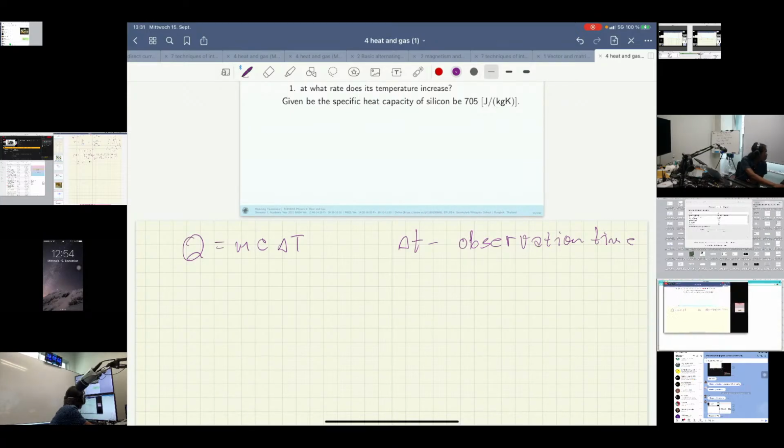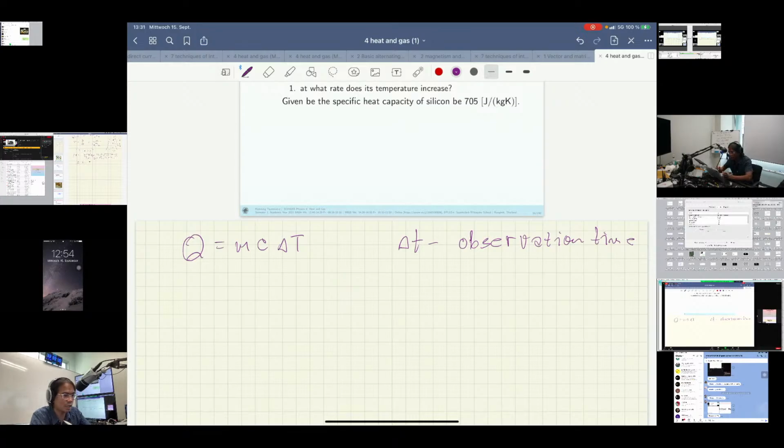All right, I think if anything happens we can monitor from here. Okay. Yes, we are gonna have Q divided by small delta t equal to m c capital delta T divided by small delta t. And what we would like to know is the rate of change of the temperature, right?